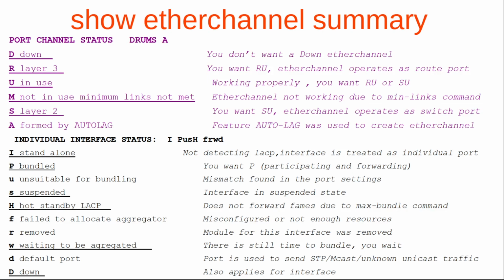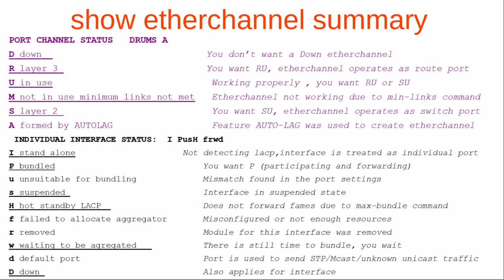If you see capital H, that happens when you configure the max links or max bundle settings in your switch. That means that you already reached the maximum number of interfaces that can belong to an EtherChannel, and this interface is in hot standby, waiting for another link to fail in order to have a chance to become part of the EtherChannel.